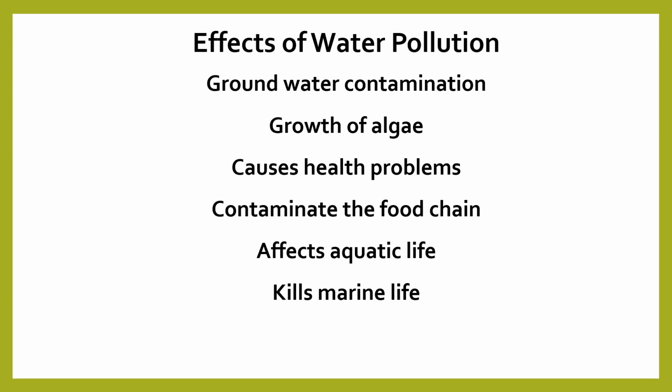And you know what happens eventually, we get sick. And there are cases where people actually die as a result. It will affect aquatic life, as I just mentioned, and will also kill marine or sea creatures. Aquatic life meaning other water creatures, all right? Not necessarily sea creatures. That is what we consider to be marine life.